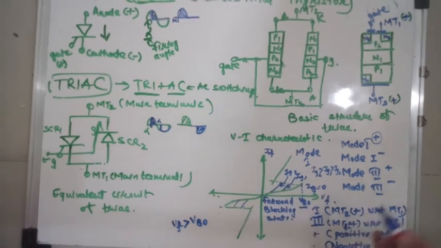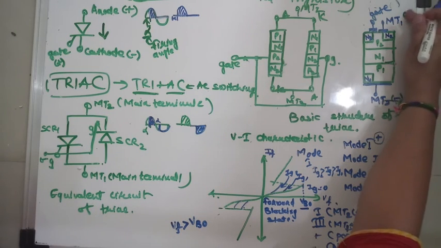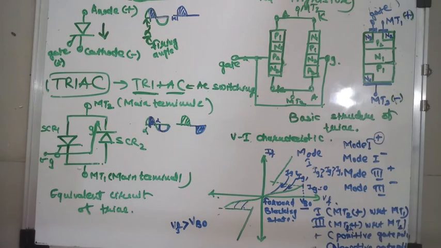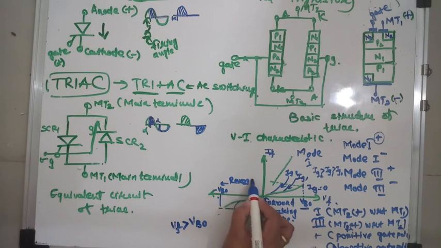In the same way, when your MT2 is negative with respect to MT1, your MT1 is positive, at that time your characteristics lie exactly in the third quadrant. Similarly, here a minus VBO is there, here the reverse blocking mode, here the different values of gate current, here the on state, and here the reverse blocking mode.